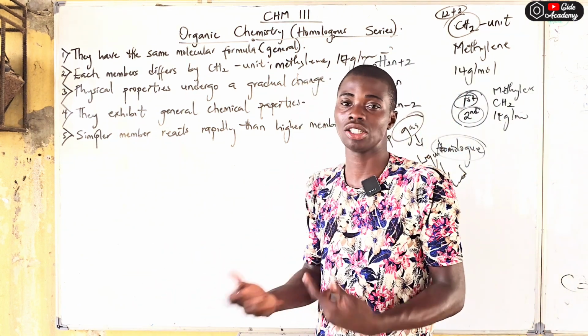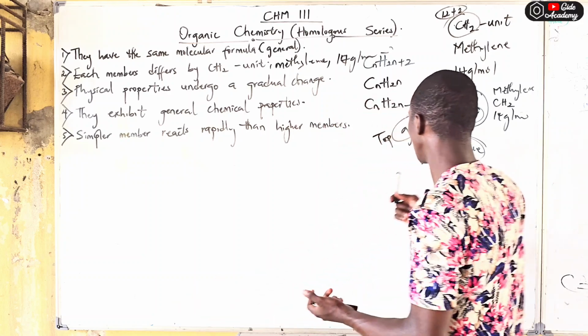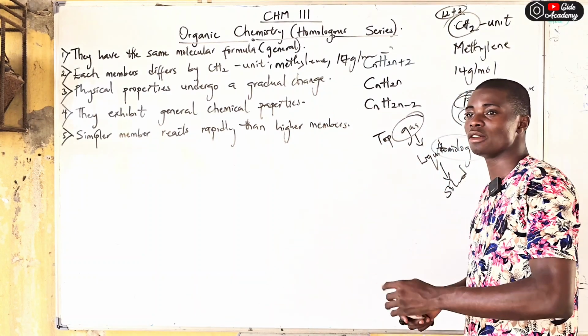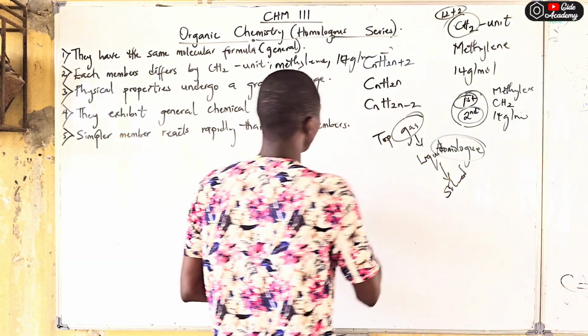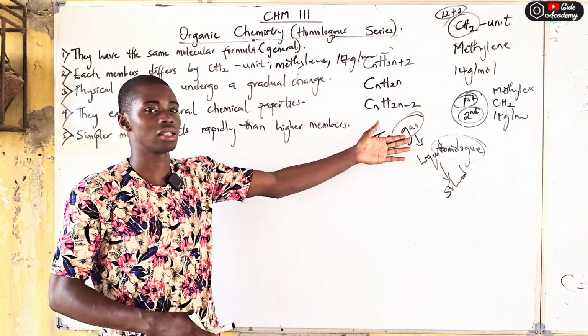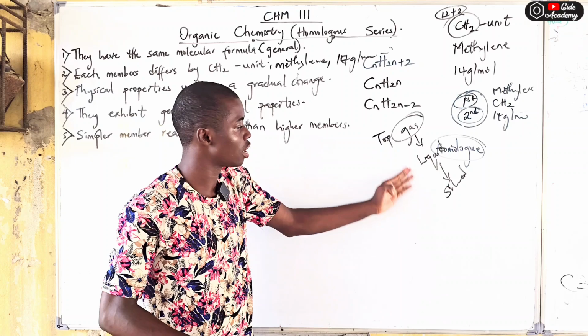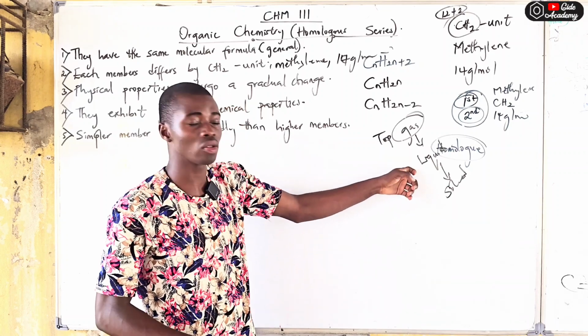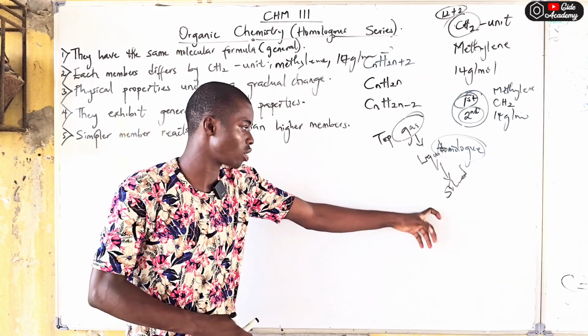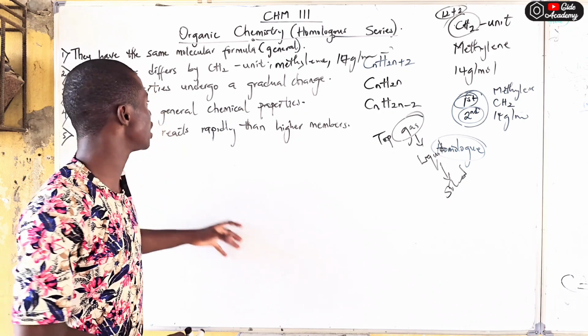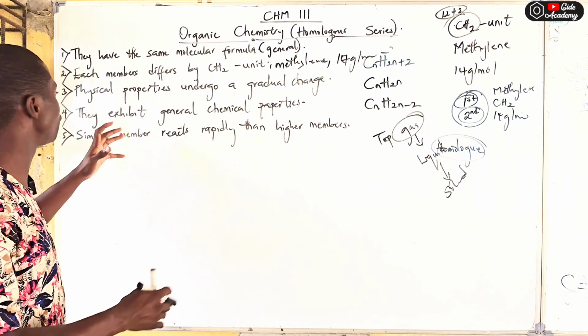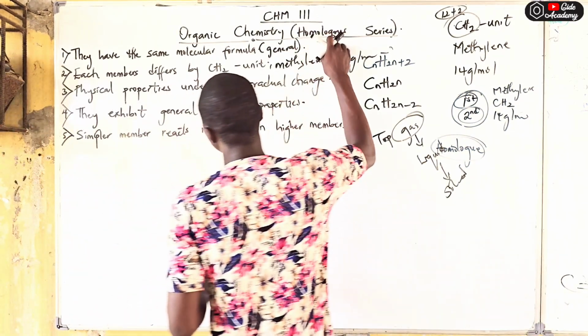A lot of physical properties can change, like the state of matter. For example, the first four members of the alkanes are gases: methane, ethane, propane, butane. As you are moving down, you are going to get to liquid, and then to solid. So there is actually a gradual change in the physical properties of homologous series.